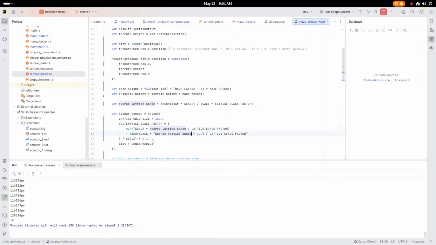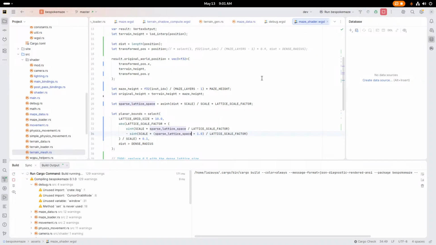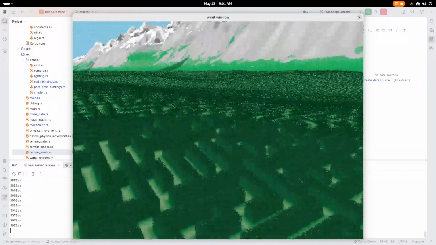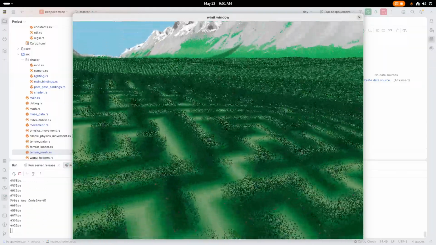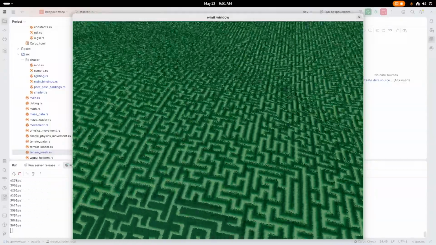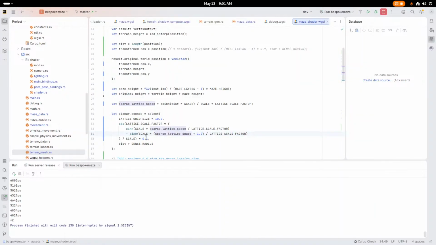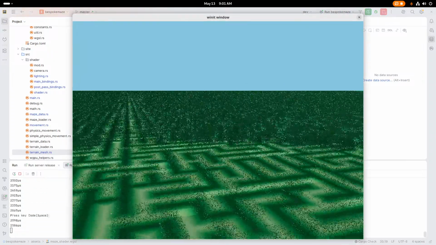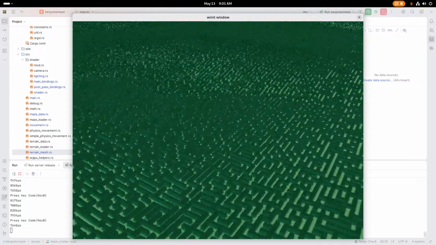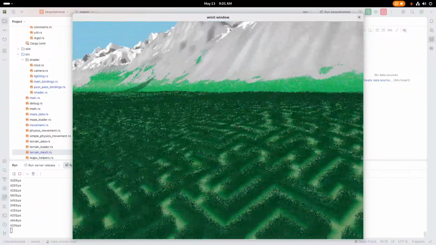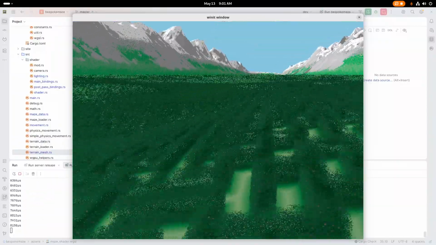This should be sparse lattice space, right? Yes. Should be sparse lattice space. But then if I stop doing that, then... Okay, that's nice and full. Yeah, we still get balding on the sides of the mountains.